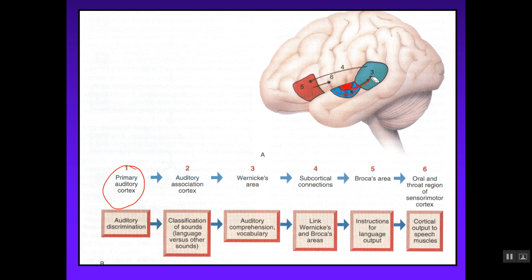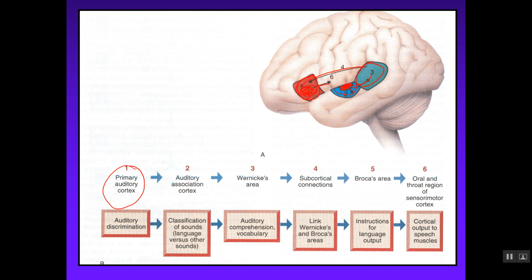So you use the arcuate fasciculus to communicate with Wernicke's area, right back here, that makes sense of what that language is and gives meaning to the language. You say, oh, they're telling me to go do this, whatever. And then that information is sent to Broca's area, which is the motor planning area for speech, and it says, I need to respond to this, and I plan on saying these words in this order and putting these syllables together in this order to make sense, to send that signal and communicate back to that person.